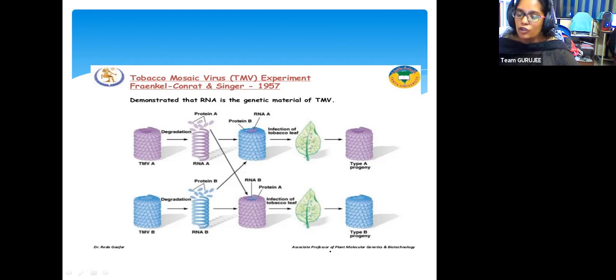Then they allowed it to infect the tobacco leaf. After the infection, when they looked at the progeny under the microscope, they saw the original protein form of the original RNA. So they concluded that RNA is the genetic material.